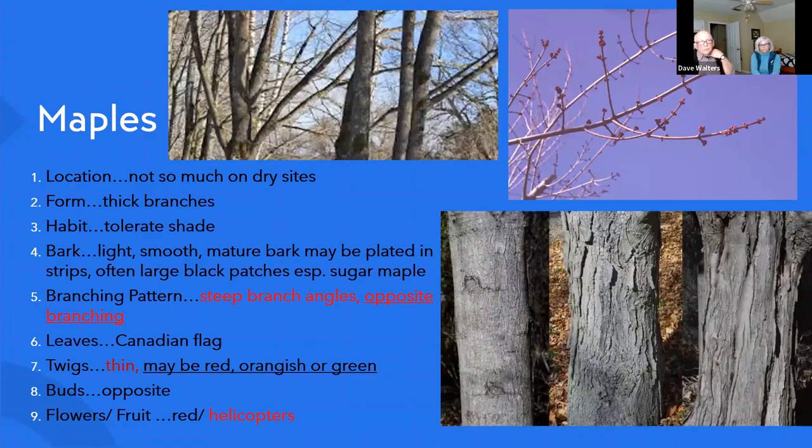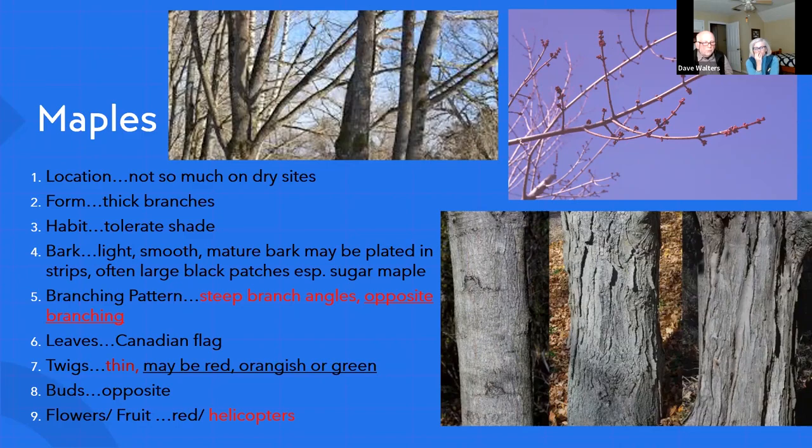So if you get down to how do I identify maples, the red lettering is what I go for. In maples, they have opposite branches, and usually the branches are not very thick. They're fairly thin. A lot of the maples have red tip.